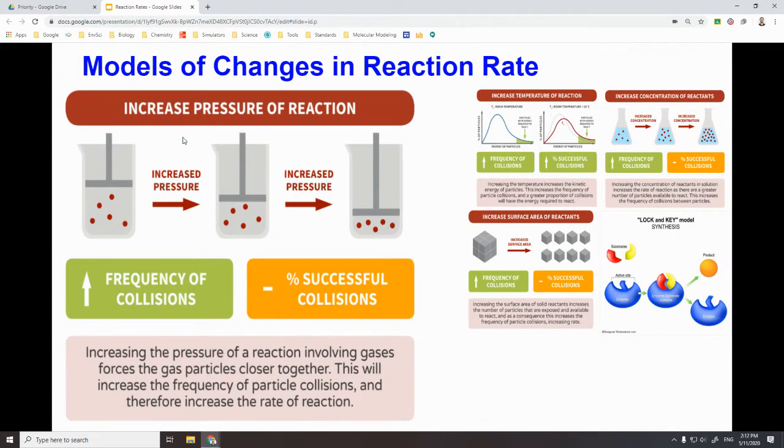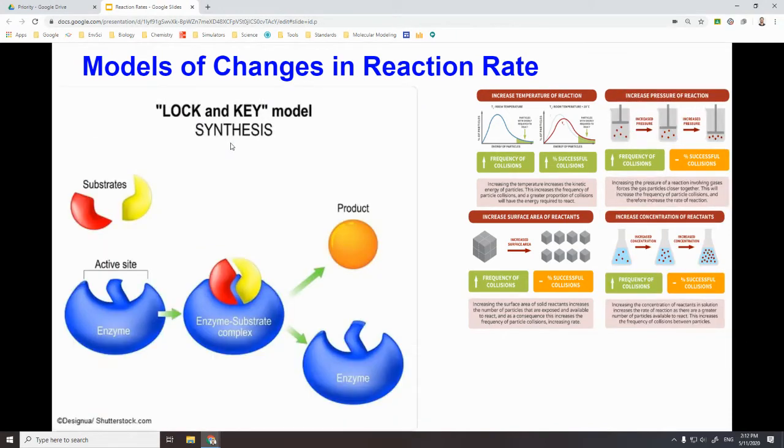But now that we've done gases, we can understand this a little bit more about how changing pressure will increase or decrease the reaction rate. And then we've got catalysts. And I'll talk about this one for just a moment here. The catalyst we're looking at here is enzymes, which are biological, as opposed to inorganic catalysts.